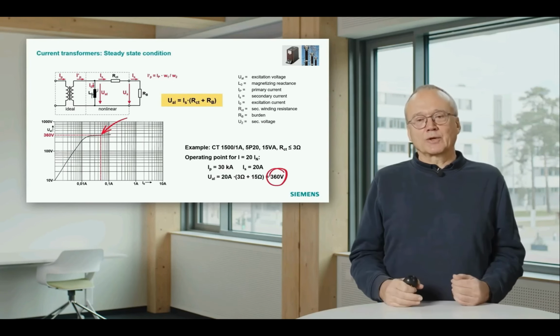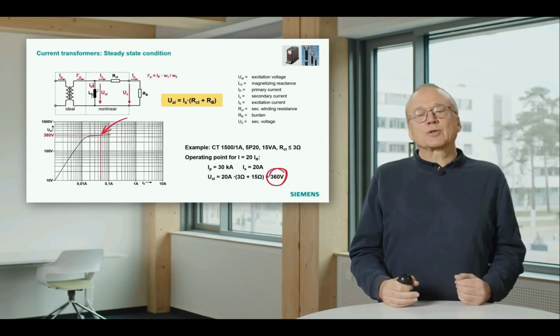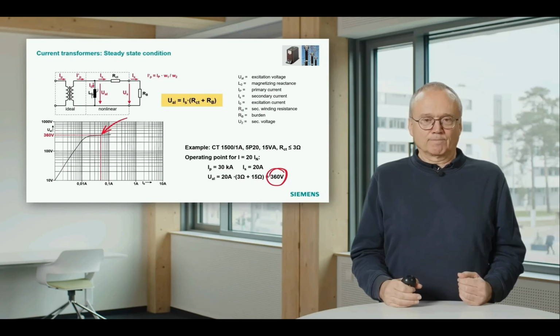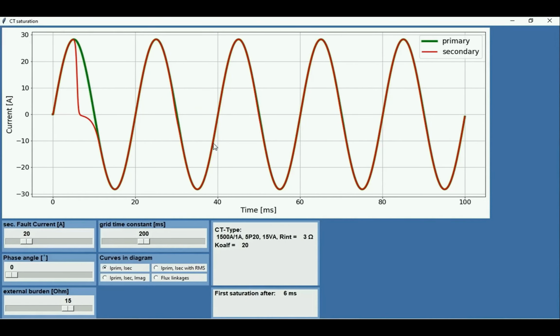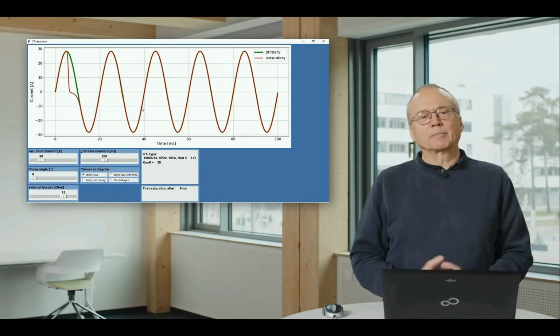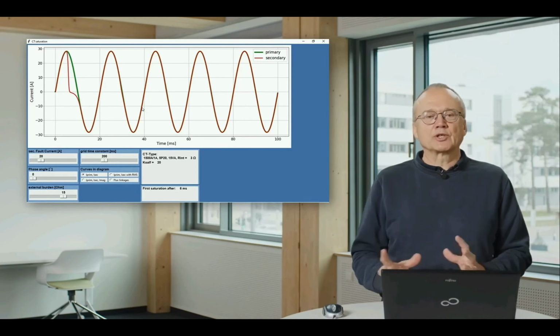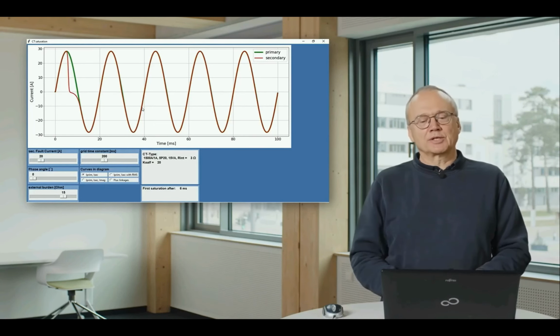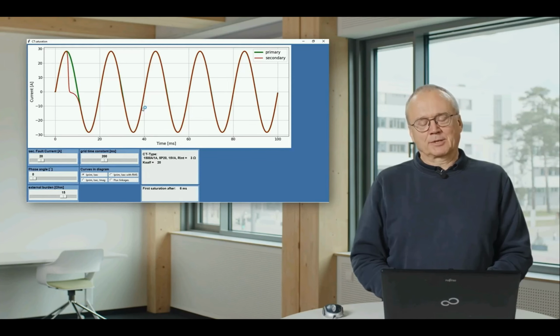And I will illustrate this thing a bit more in some simulation I provided for you. In this simulation, I would like to illustrate a little bit what happens if we change some of the quantities around the saturation point we just discussed.